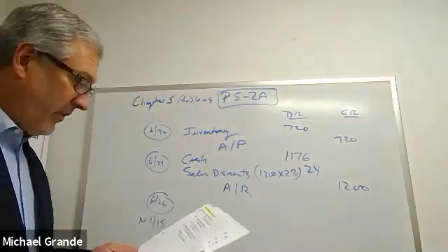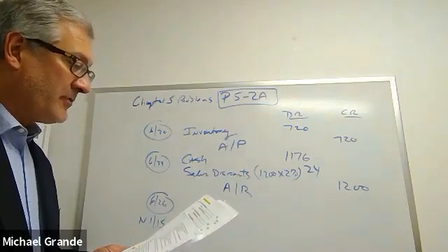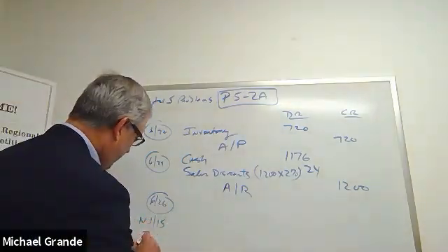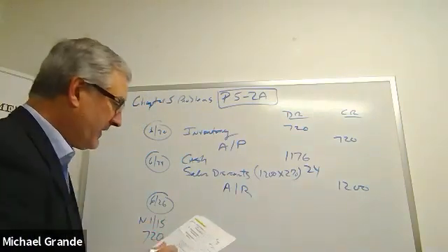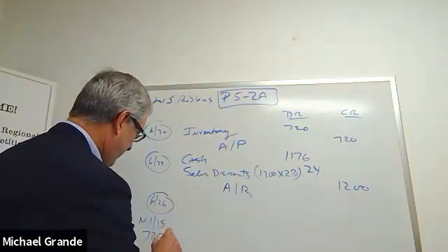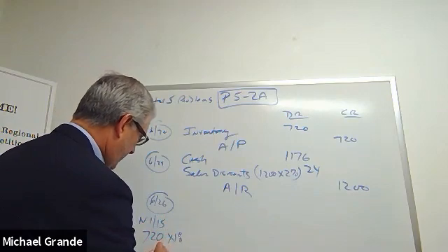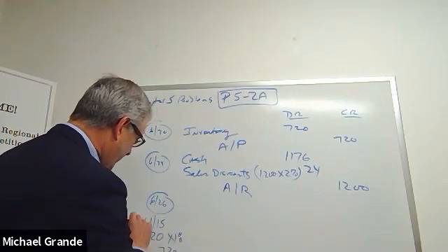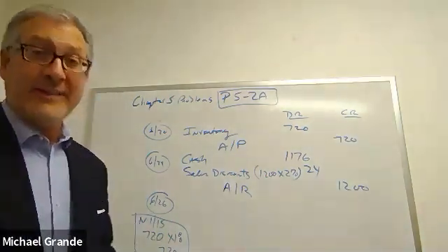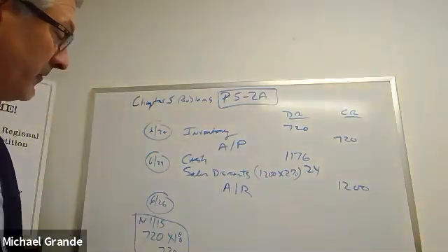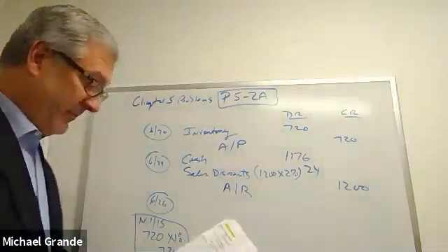So they originally owed them how much? They originally owed them $720. And they're going to get a 1% discount. This is $7.20. So the discount, $720 times 1%, not 10%. 10% would be $72. 1%, $7.20.